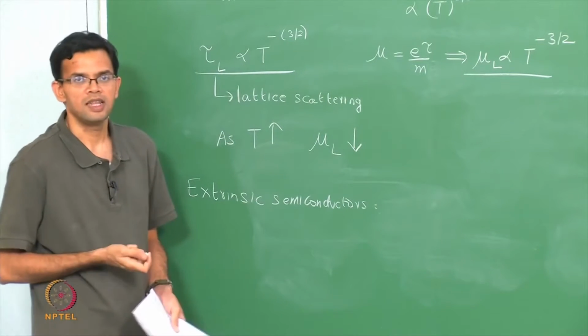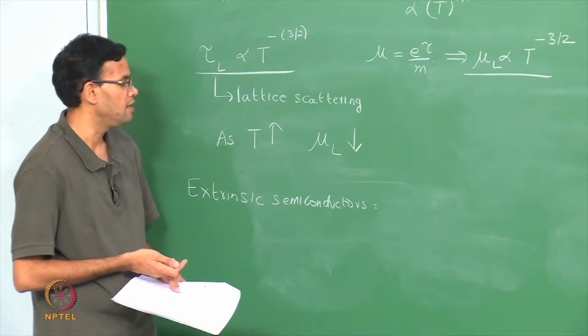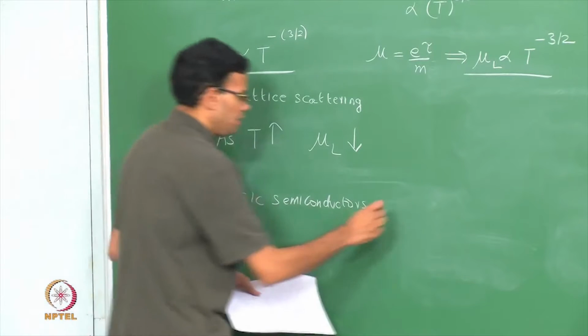Now, in the case of extrinsic semiconductors, you also have this lattice scattering, because you also have the silicon lattice, if your material is silicon.